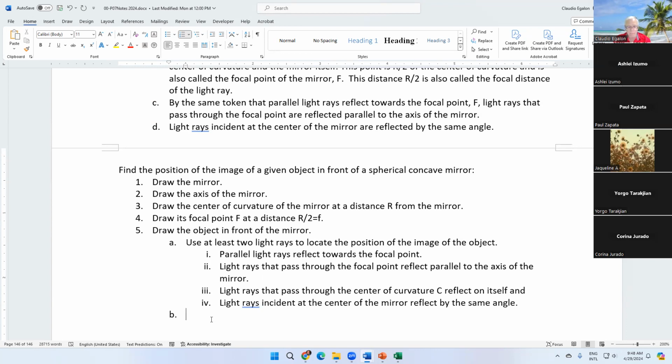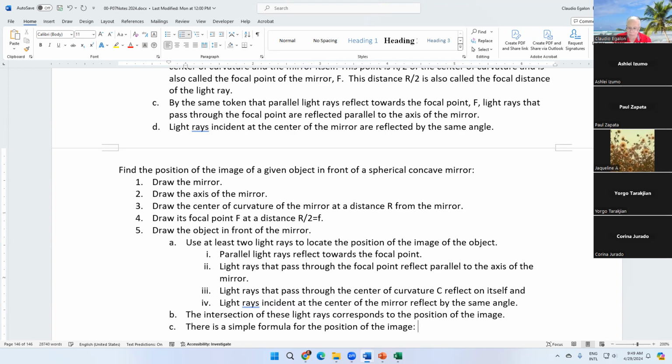Remember that? The intersection of these light rays corresponds to the position of the image. Okay, and there is a simple formula for that, a simple formula for the position of the image.